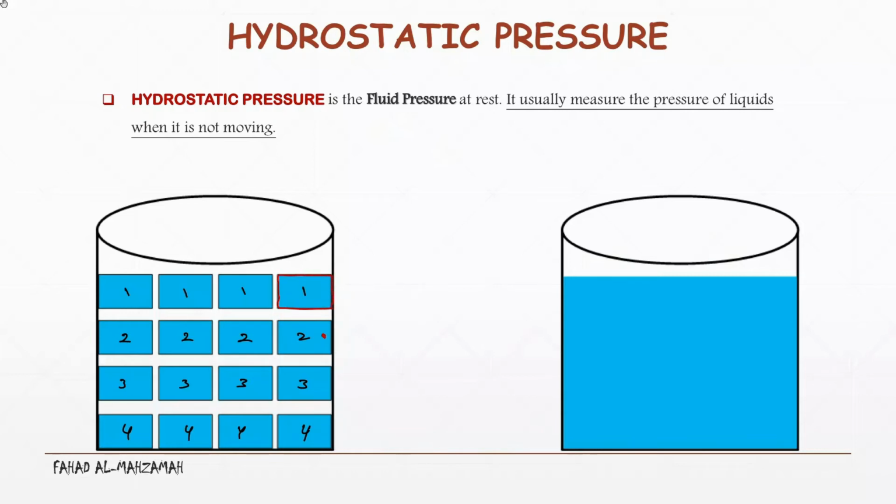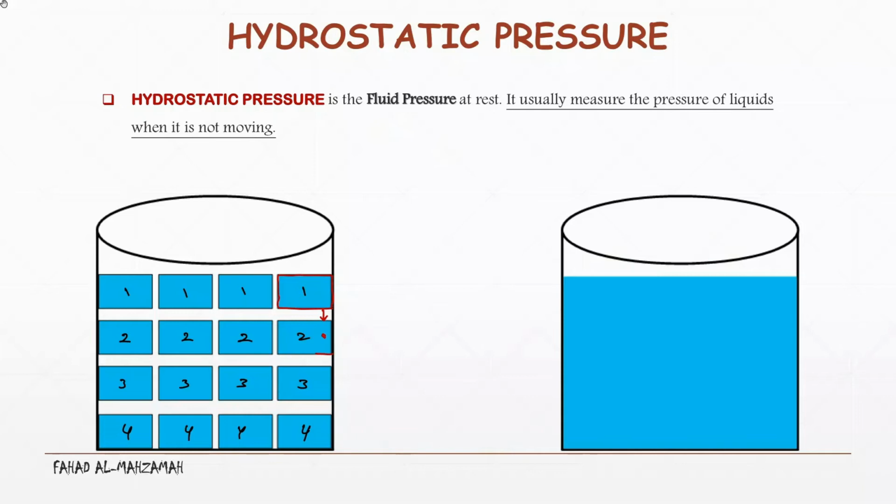This particle is bracing the molecule number 2, and the word pressure comes from bracing. So when I say it braces, it means it applies or exerts pressure on it. So molecule number 1 has a weight that exerts pressure on molecule number 2.